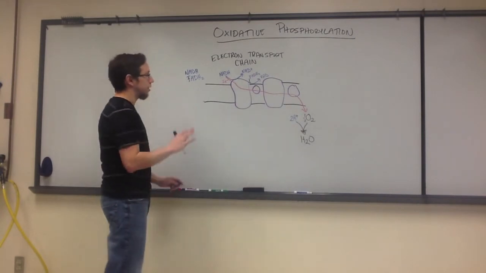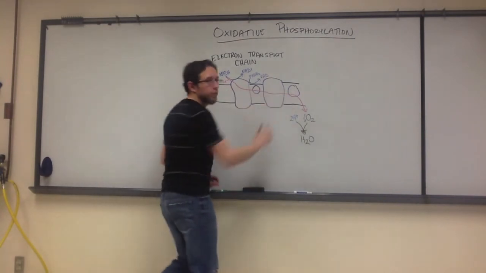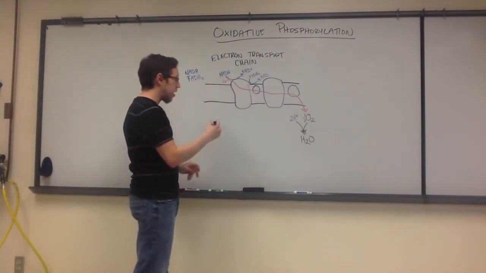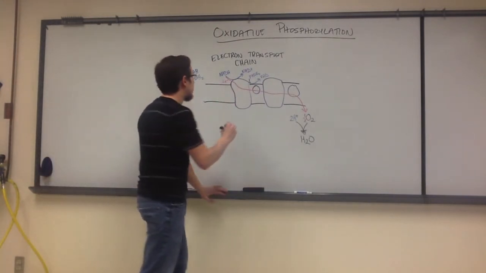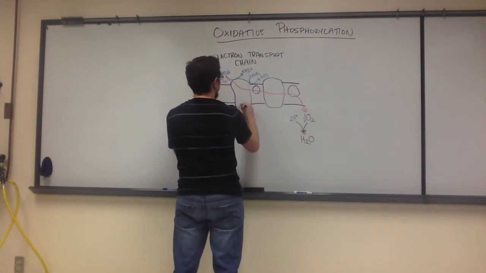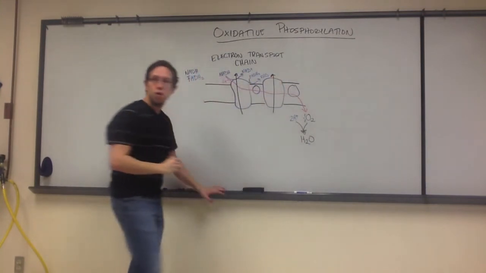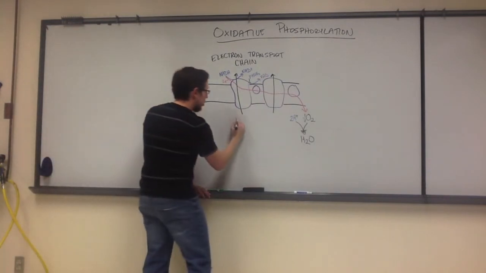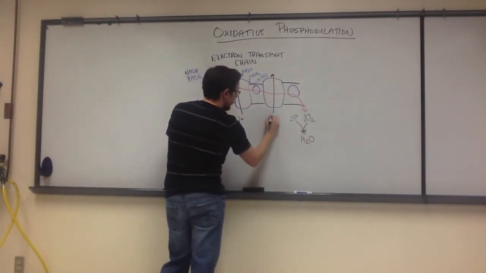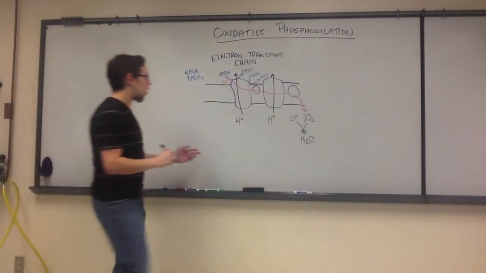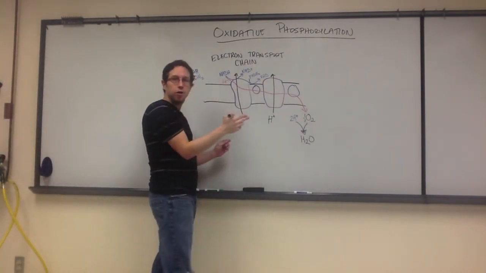Now, the interesting thing is, as these electrons move through the electron transport chain, as they move through these protein complexes, they result in the pumping of protons across the inner mitochondrial membrane. Now, you'll recall the electrons have a negative charge.